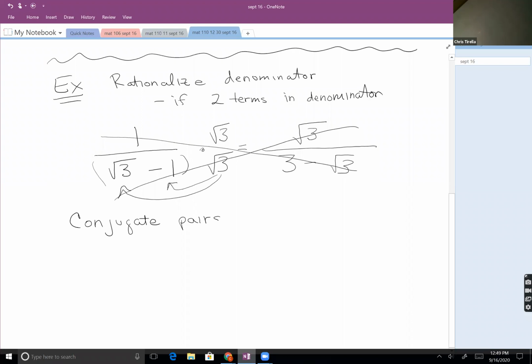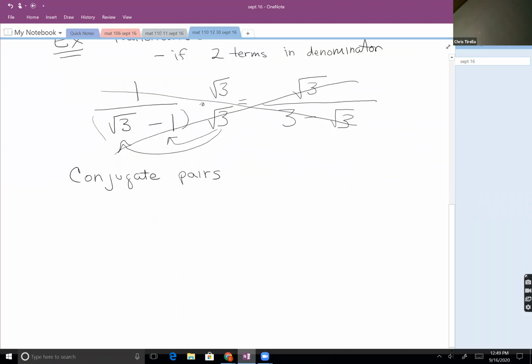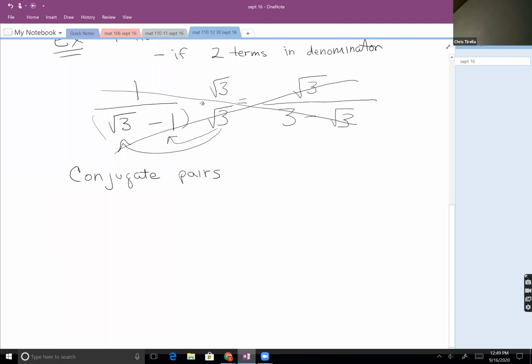And before we look at conjugate pairs, I'm going to go on the assumption that this is not the first algebra class for anybody. While we haven't really started looking at polynomials yet, I'm going to ask, does anybody remember what happens when you multiply something like a plus b times a minus b? When you multiply terms that are the same, but one has a plus sign and one has a minus sign.